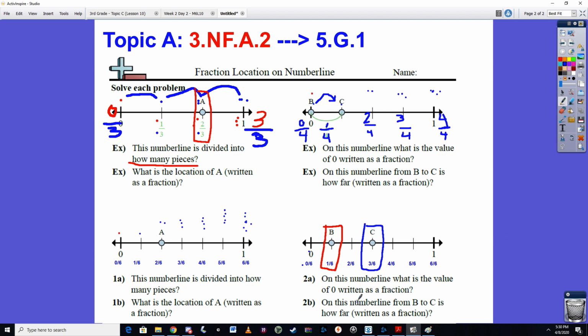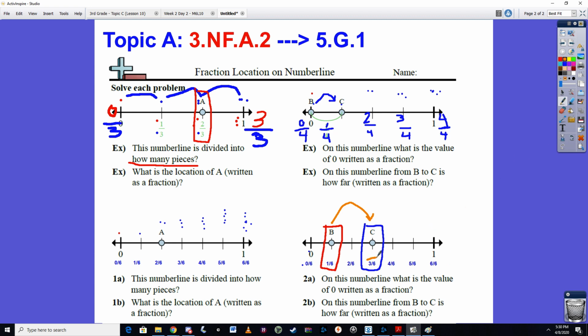On this number line, from B to C is how far written as a fraction? So from here, let me change the color. From here to here, how far is it? Well, you could just do some subtraction, couldn't you?